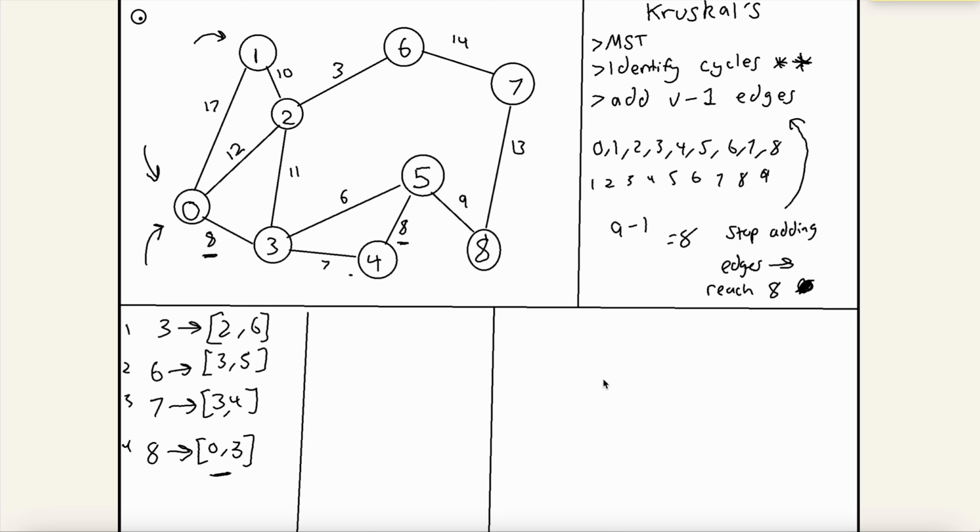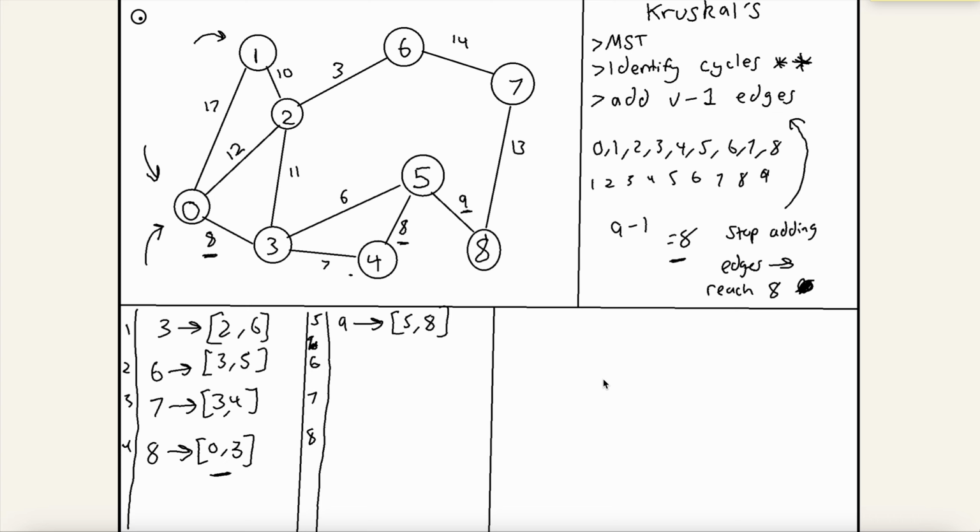And remember, we want to stop when we get to 8, so let's just do a little 5, 6, 7, 8. Okay, so moving on from 8, looks like we have this 9 over here. So we're going to go from 9. And this connects vertices 5 and 8 together.